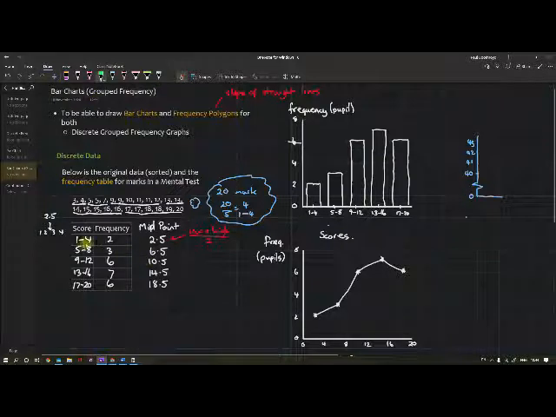And what they're talking about is saying, if the scores are from 1 to 4, and that's the nearest score, what scores would you say are in this group? In that group, you would say we've got a score from 0.5 up to 4.5. From 4.5 we'd go up to 5.5, up to 5.